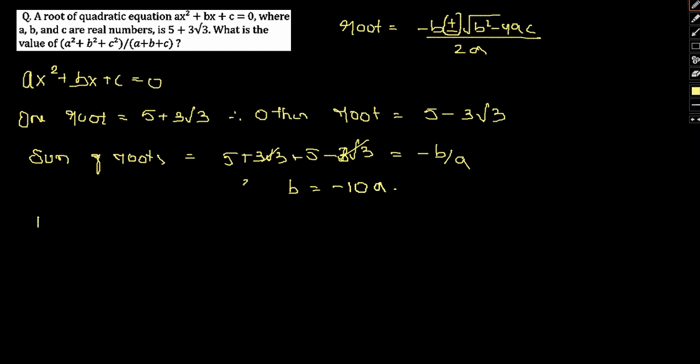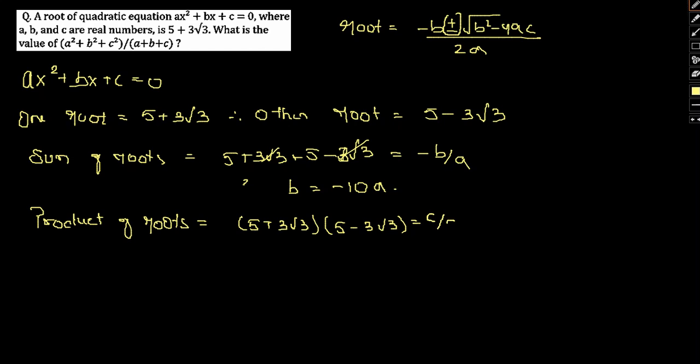Okay, and the product of roots can be written as 5 plus 3 root 3 into 5 minus 3 root 3 equal to c by a. So 5 square minus 3 root 3 square, that would be 25 minus 9 times 3, which is 27, equal to c by a, or c equal to minus twice a.